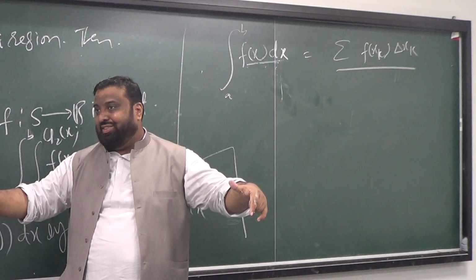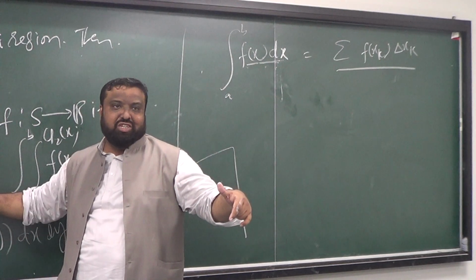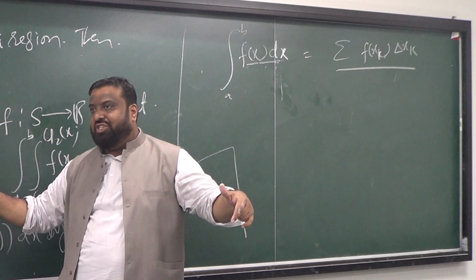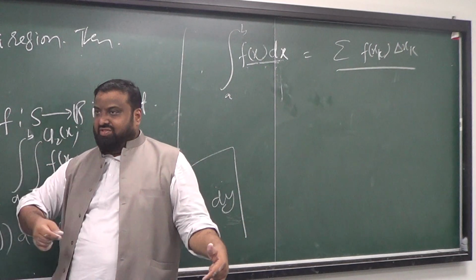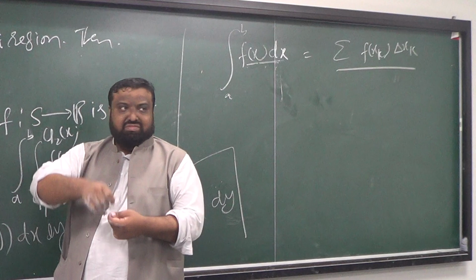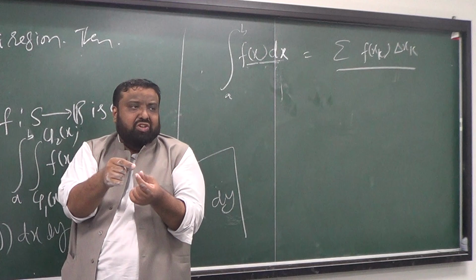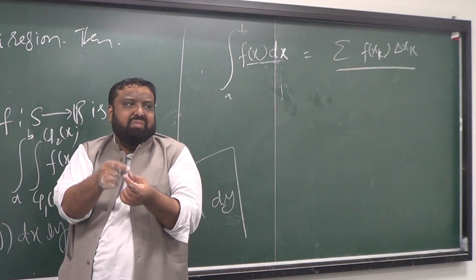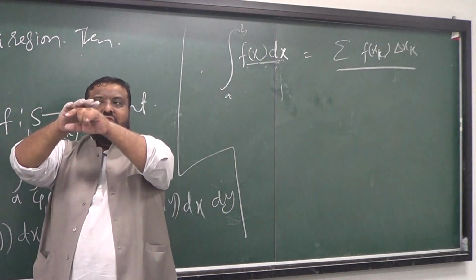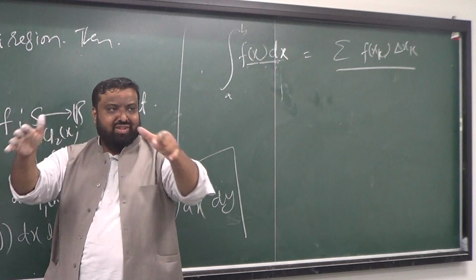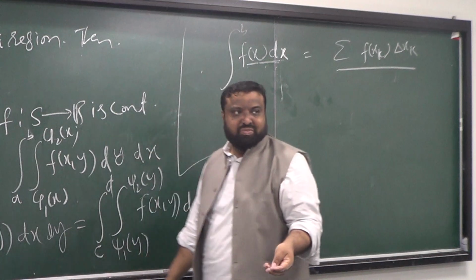So you're splitting the entire domain of the function into small tiny rectangles, and then f of x dx dy is like the height of that cubical shape. Not necessarily cubical, but you can imagine it as a cubical shape. You're summing up all of them, and it's going to give you the total volume enclosed under this surface.